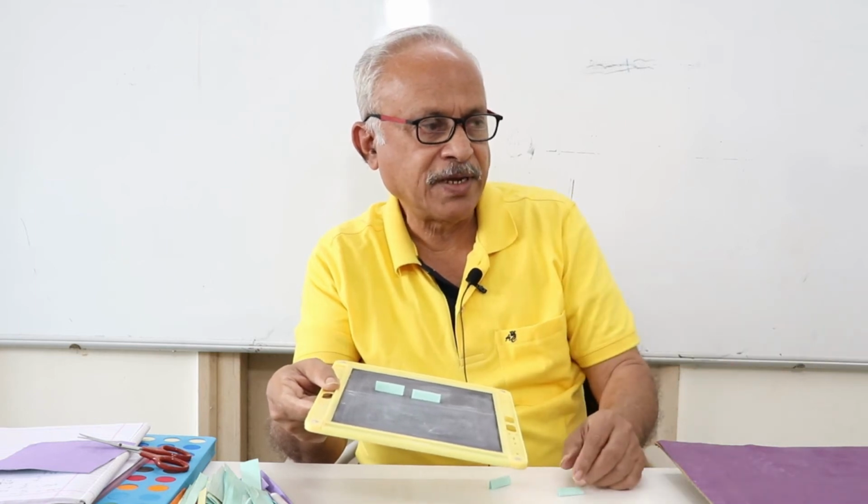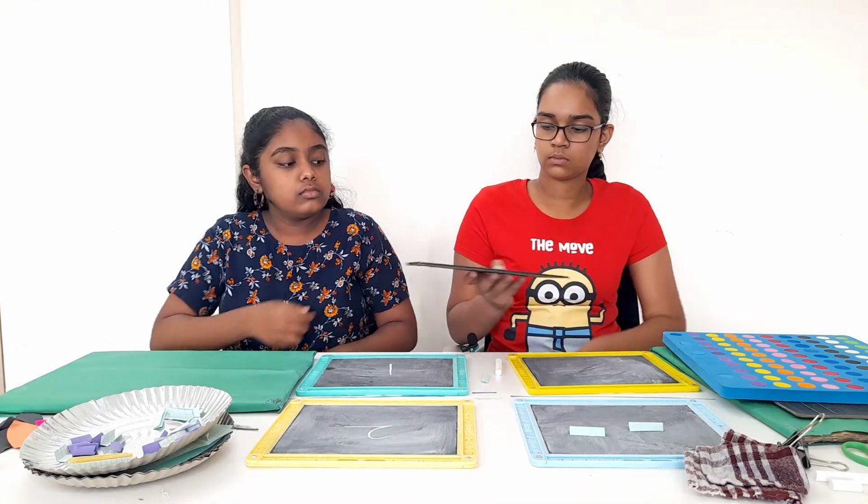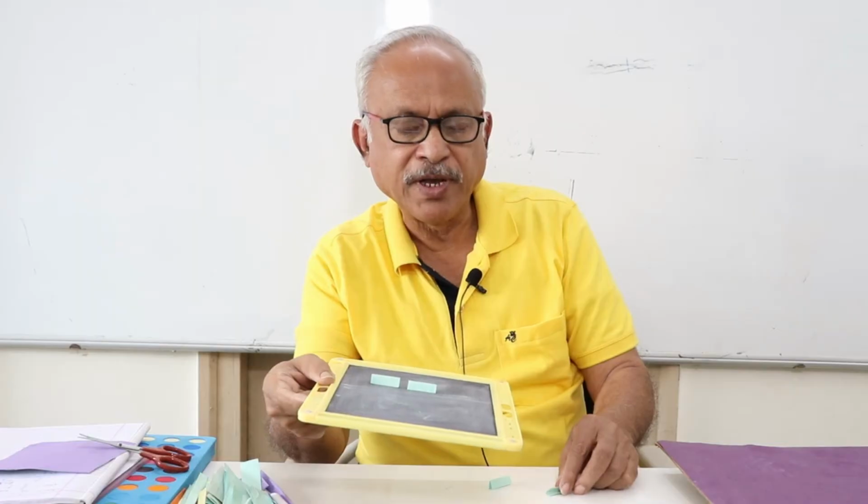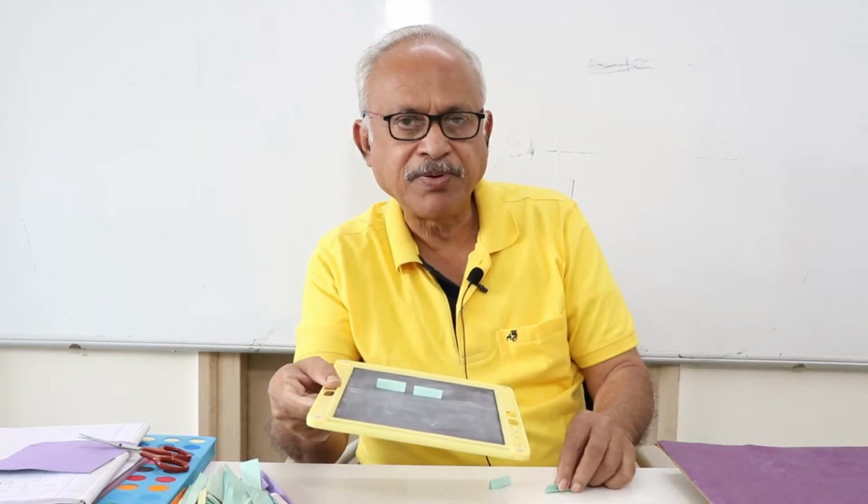Put those pieces back, and Nandita, in your slate, take that slate which is there before her, and keep 3 by 2.